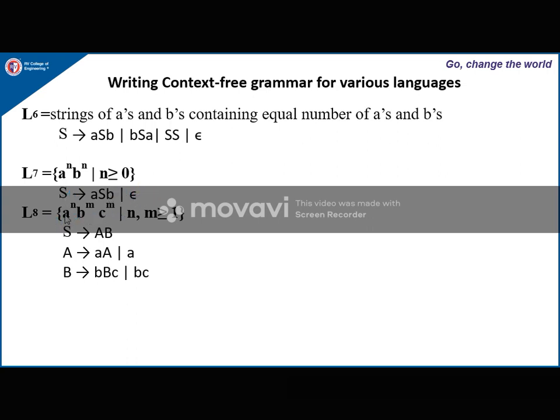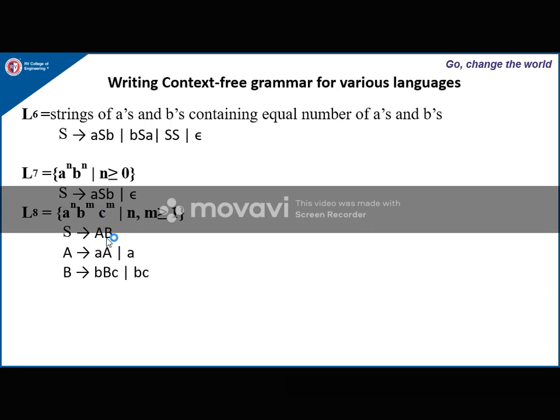Next is L8 equal to a^n b^m c^m. So you can observe the number of A's is not dependent on the B's and C's counter, so it is independent. Using S derives AB, the A production will generate any number of A's, and here the condition is that there should be at least one A and one pair of B and C. So it is A and BC.